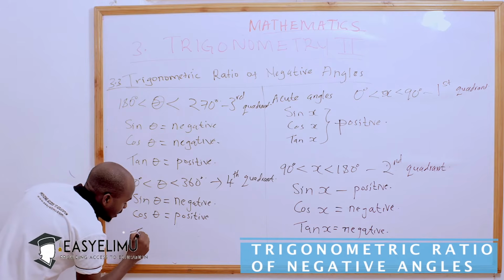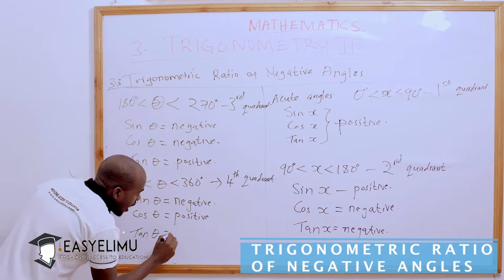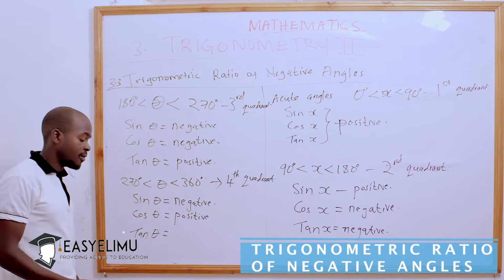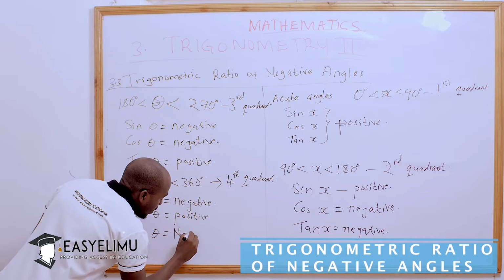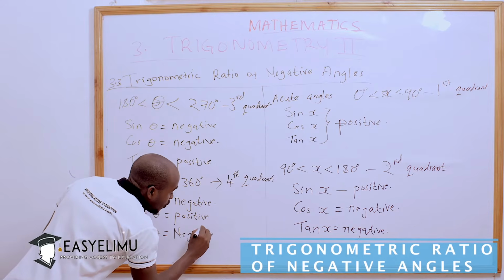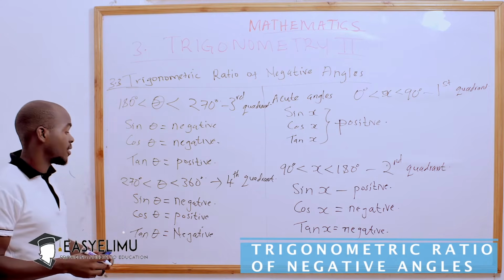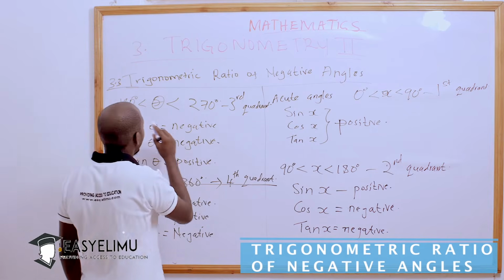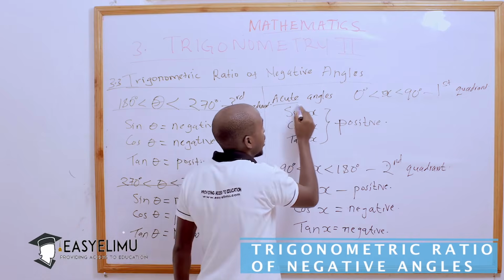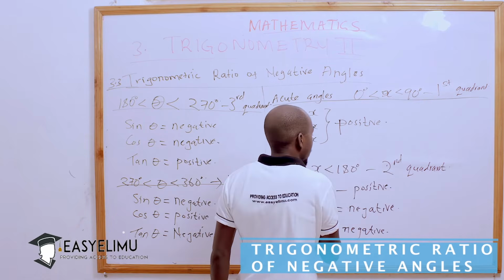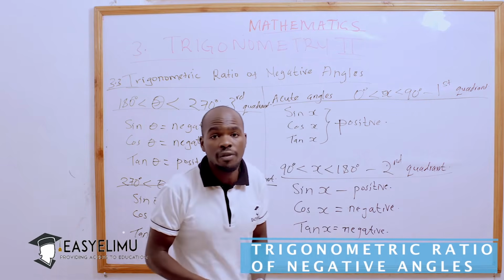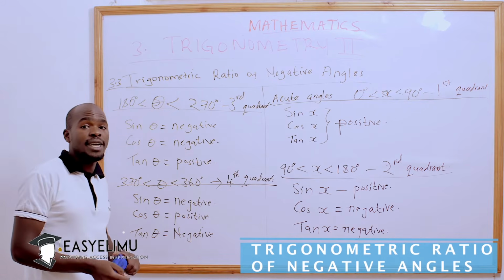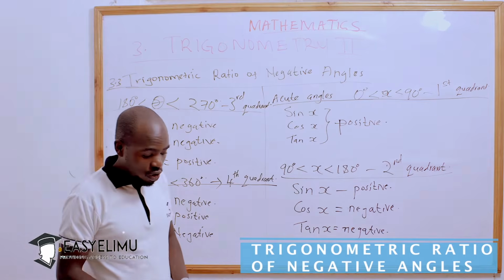And if we find the tangent of the angle, because the tangent depends on both sine and cosine, and one of them is negative, automatically this one will be negative. As in the case of negative 60 degrees, as we have done. So this is the summary of the angles found in the quadrants. And if you do that, you will find the respective values of sine, cosine, and tangent in the respective quadrants.